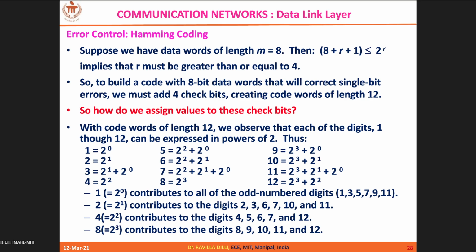So what you should do: if the ninth position has 0, you have to flip it to 1. If you have 1, you should flip it to 0. So the non-zero R values give the position of the error.